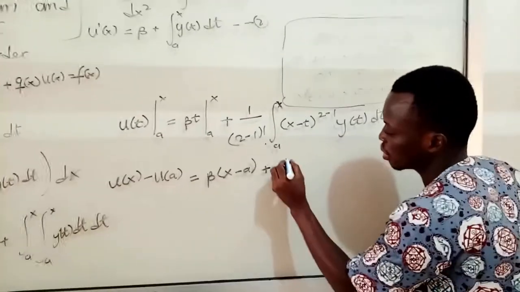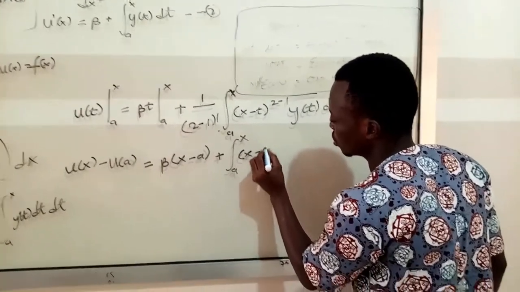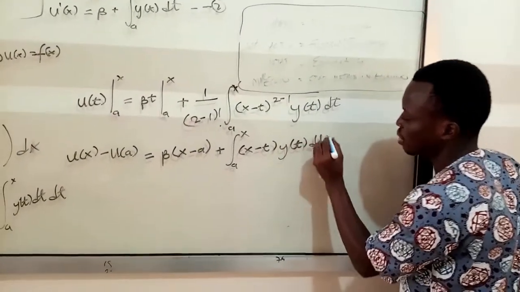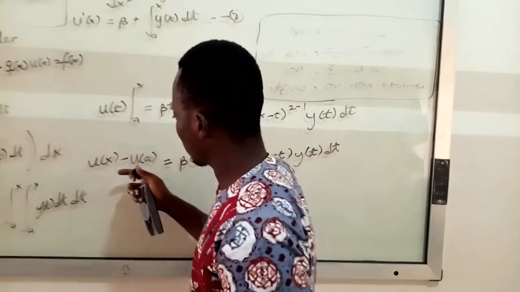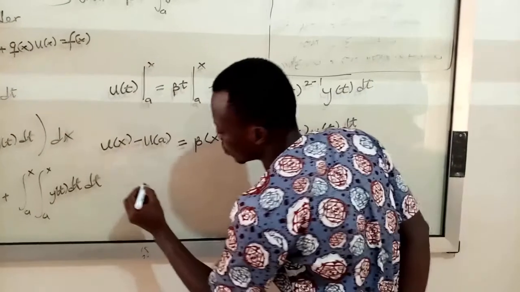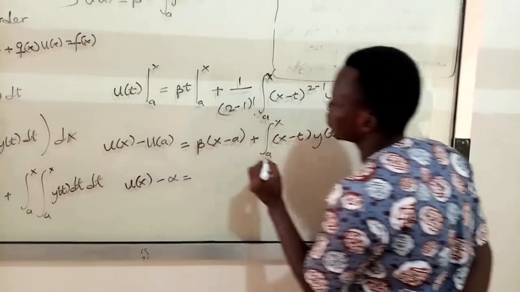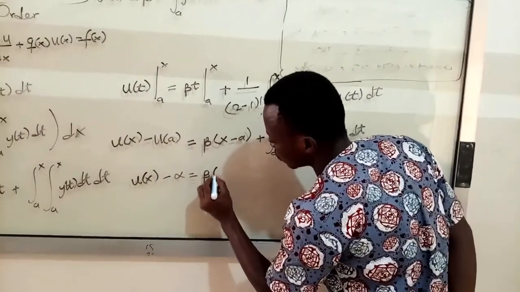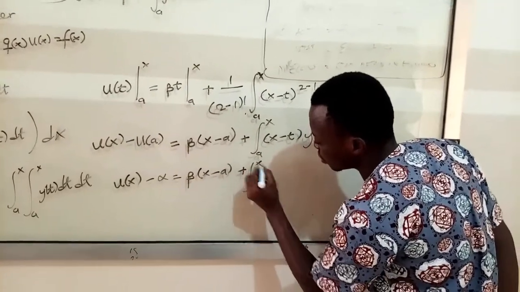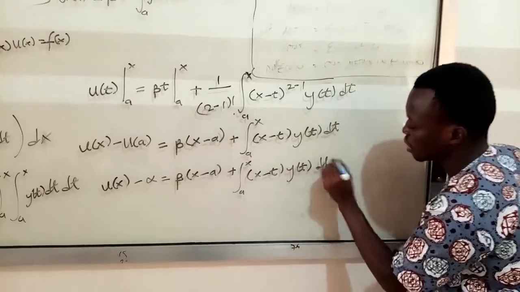So plus the integral from a to s of s minus t, since 2 minus 1 is 1, y of t dt. And u of a was given in the equation to be alpha. So u of s minus alpha is equal to beta times s minus a plus the integral from a to s of s minus t y of t dt.